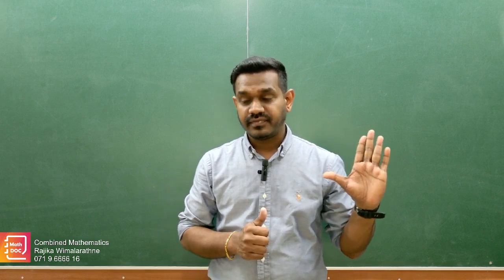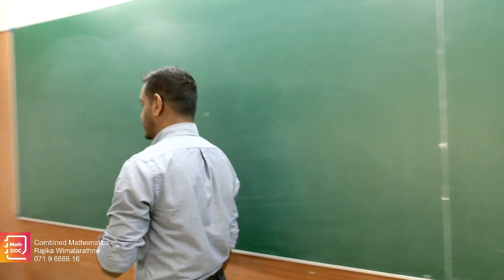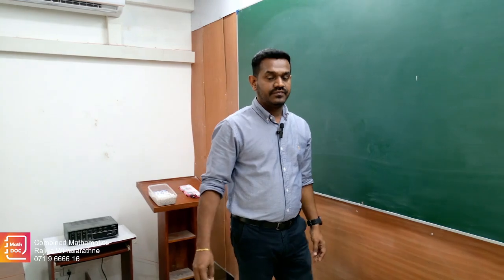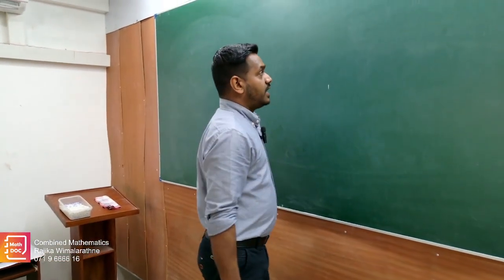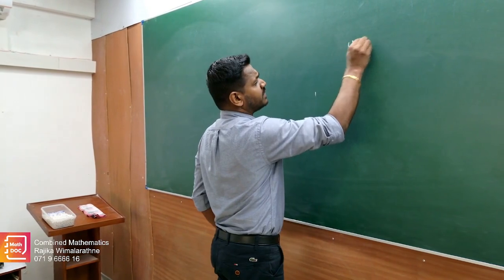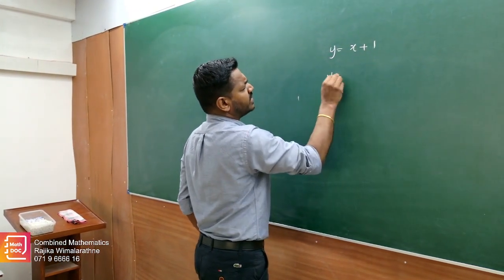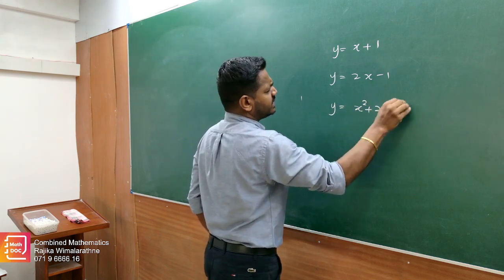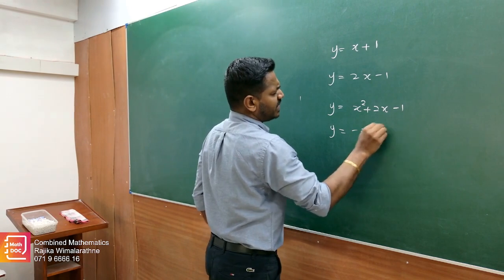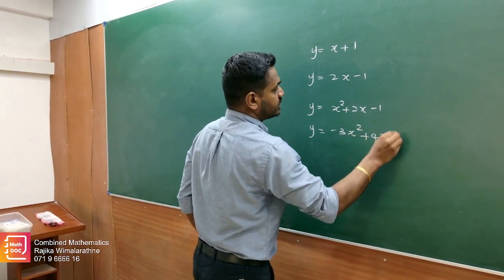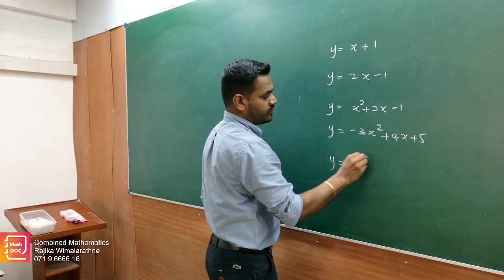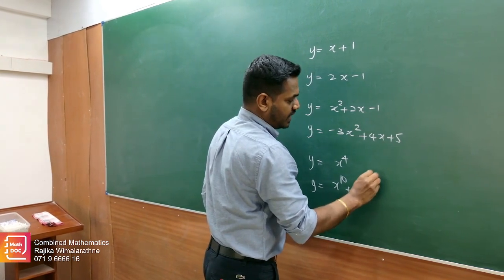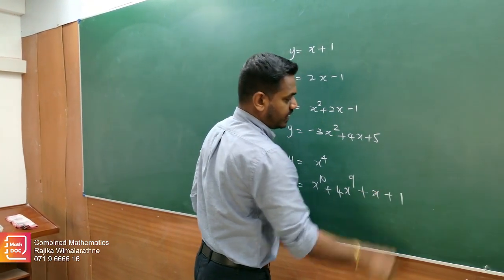Okay, let's see. Now consider the expressions y equals x plus 1, y equals 2x minus 1, y equals x squared plus 2x minus 1, y equals 3x minus 3x squared plus 4x plus 5, y equals x to the power 4, y equals x to the power 10 plus 4x to the power 9 plus x plus 1.